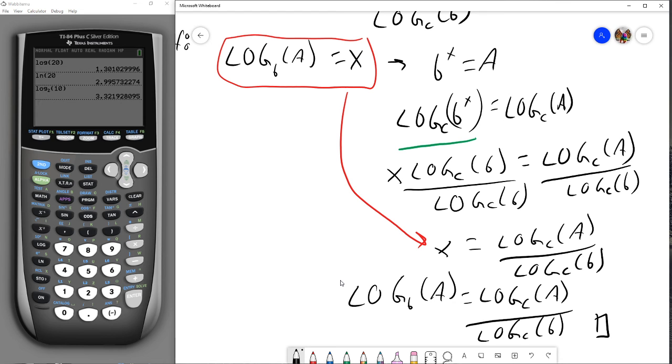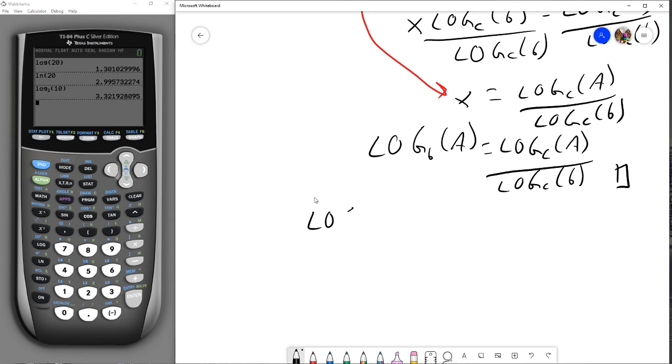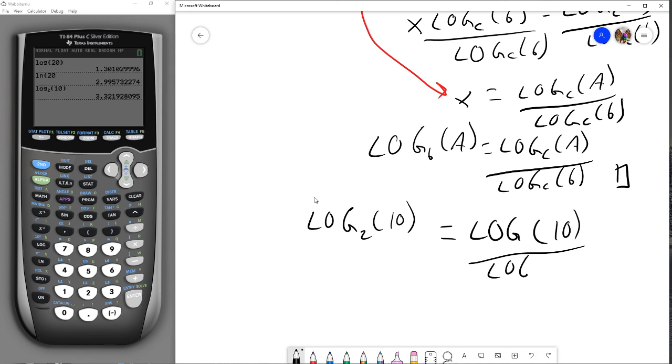So what this says then, if I have something like log base 2 of 10, well, this is really the same thing as, if I'm going to pick c as 10, so the common log, it's the same thing as log of 10 over log of 2. So let's find out. So log of 10 divided by log of 2.